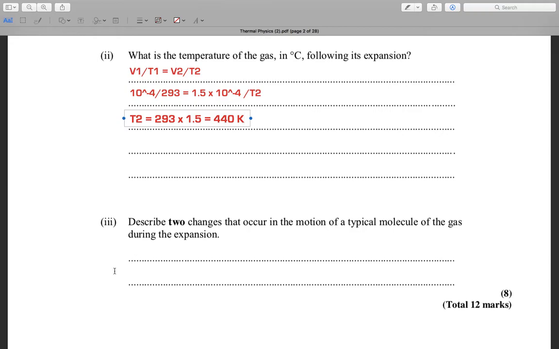Describe two things that occur in the motion of a typical molecule of the gas during the expansion. Any two of the following. The first one is that the speed, or kinetic energy, increases.